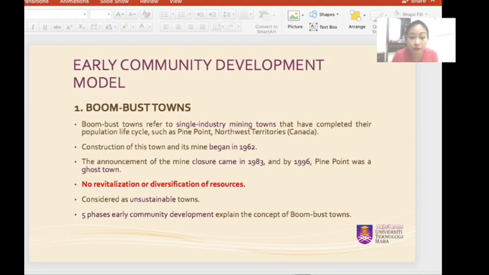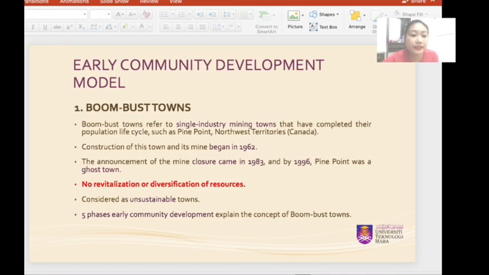You have to see the most important part of boom-bust towns, the one that I highlighted in red: considered as unsustainable towns. Five phases of early community development explain the concept of boom-bust towns.